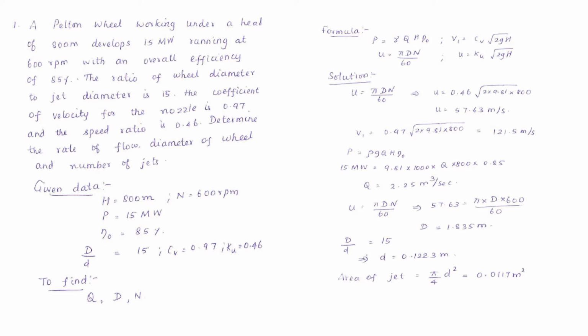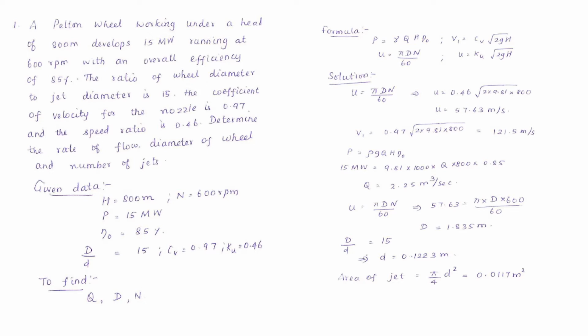We know eta O, that is overall efficiency, is equal to output power divided by input power. Output power is given in the problem, 15 megawatts. Eta O is also given, that is 85%. And what about input power? Input power is nothing but rho g Q into H. In that Q is the unknown value.